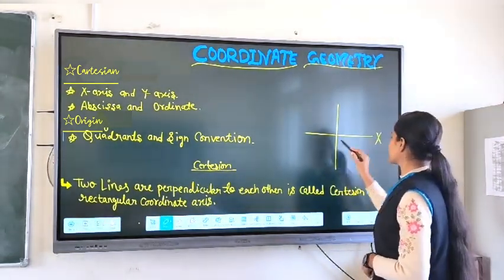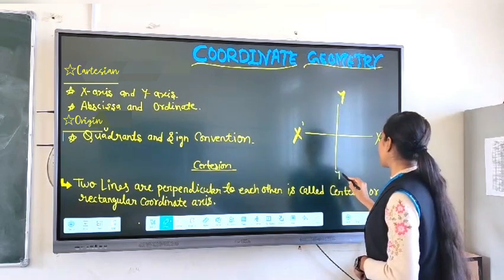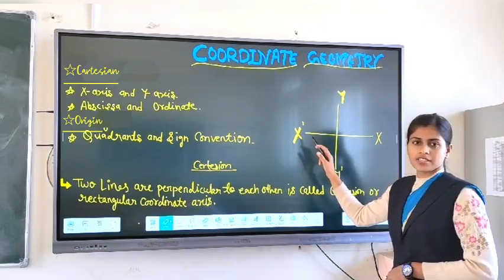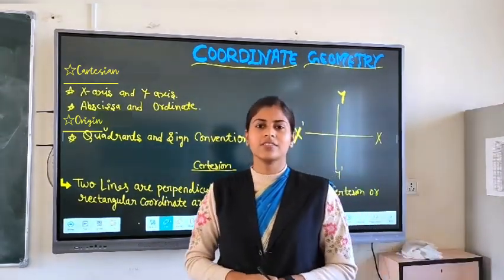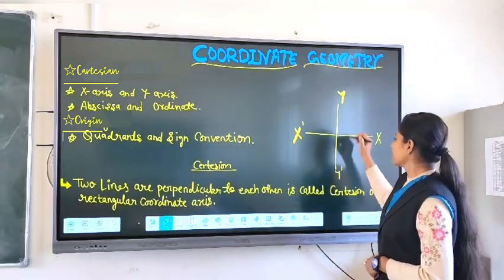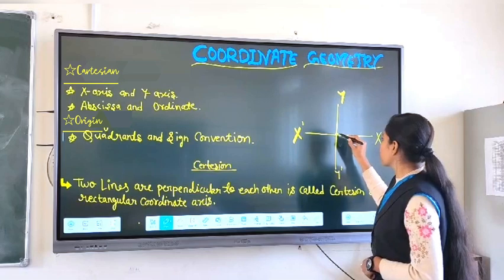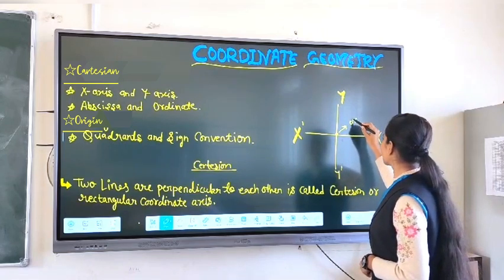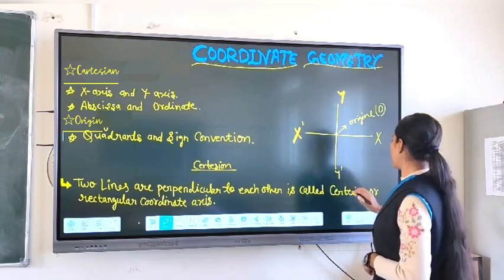Suppose this is x dash and the other one is y dash. Here x dash and y dash are called x-axis and y-axis respectively, and they intersect at a point. This point is known as origin, which is denoted by the sign O.